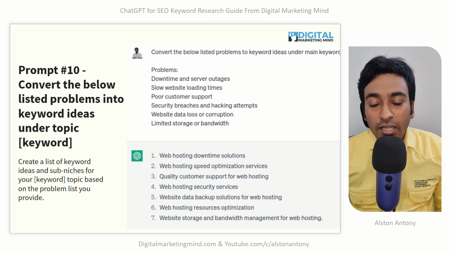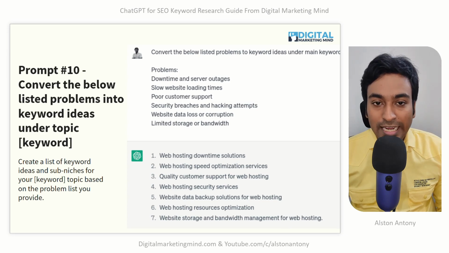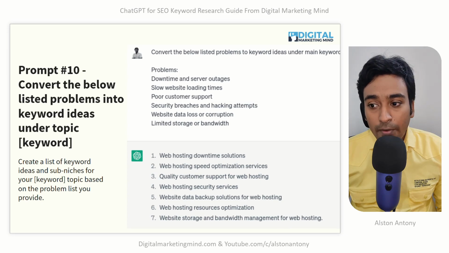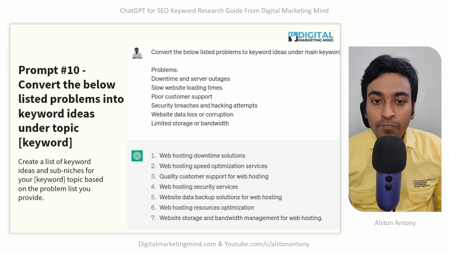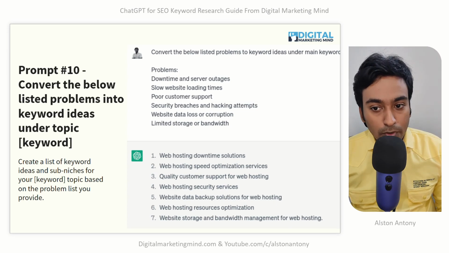And here what I have done is, I have specifically mentioned to ChatGPT, I have listed various problems faced by the users of my target industry. Based on it, generate me keyword ideas, and you can see how it is able to identify the problems, and based on the problem, here it generates keyword ideas for my keyword research process.